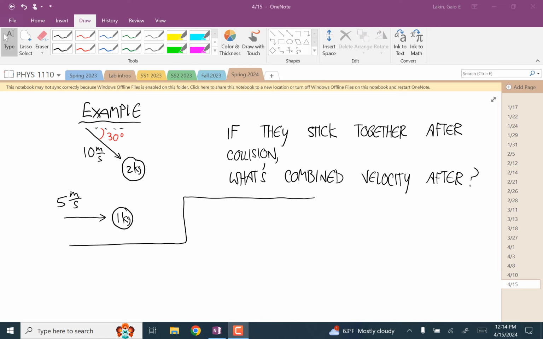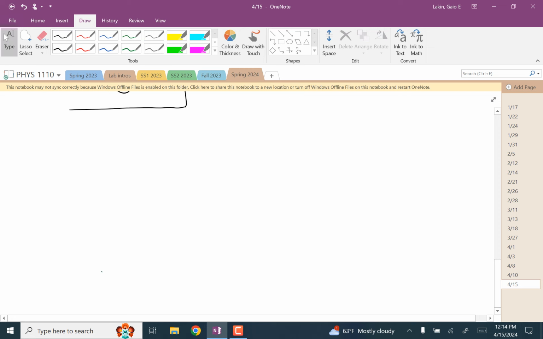So in this case, these two things aren't moving in the same direction, but the approach is still the same. You just have to come up with the vectors for these two velocities before they collide. For the first one, the 2 kilogram one on top, to come up with that vector, if this is the coordinate system, we have a vector with a magnitude of 10, and this angle is 30 degrees from the x-axis.